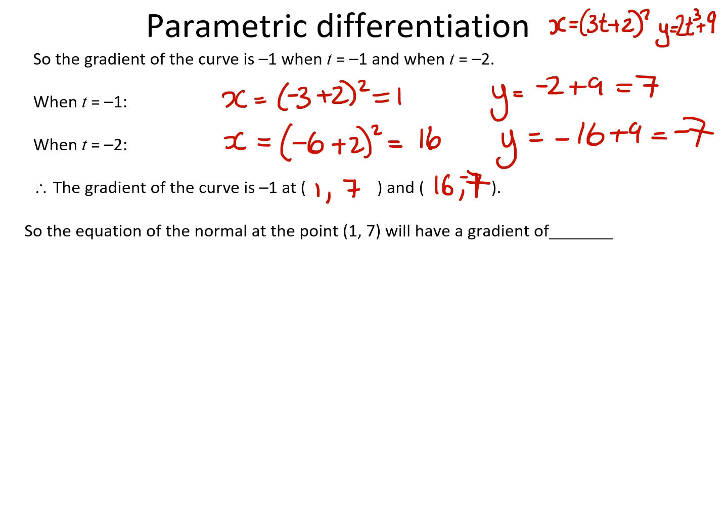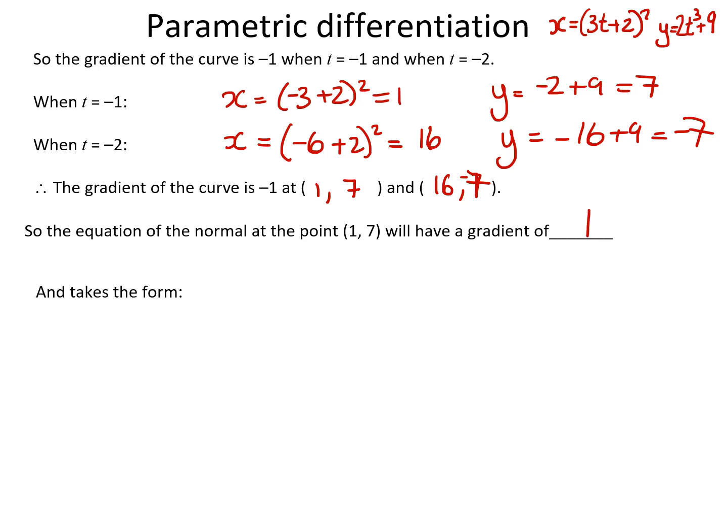So the equation of the normal at the point (1, 7): the gradient of the curve at (1, 7) is -1. So if the gradient of the curve is -1, the normal will have a gradient of, I can hear you shouting from your seat, 1, of course.